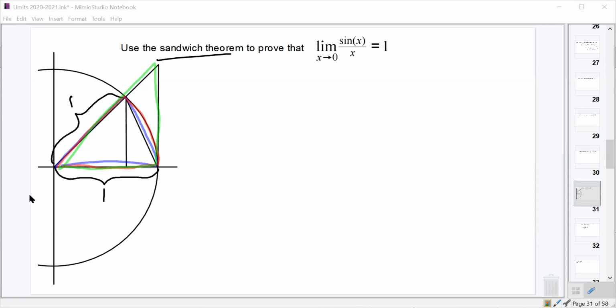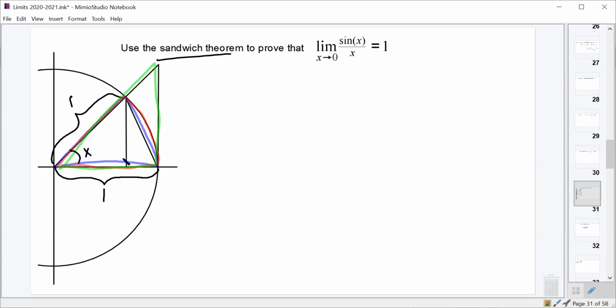In order to do that, we're first going to call this angle right here angle x, and we're choosing x because we have sine of x up here in our limit. So if this is a unit circle with a radius of 1 and this angle is x, let's see what we can label. Can we label this vertical distance right here?